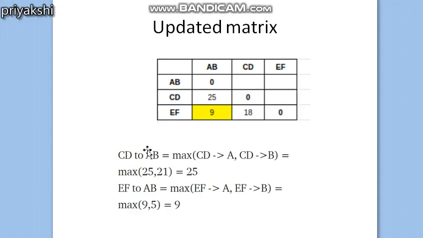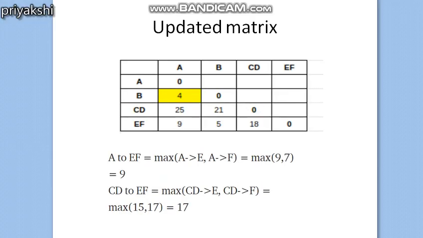To find the distance, we will take the maximum distance. To find the distance from CD to AB, we will consider the distance from A to CD and B to CD, and we will take the maximum. From the previous matrix we can see CD to A is 25 and CD to B is 21.